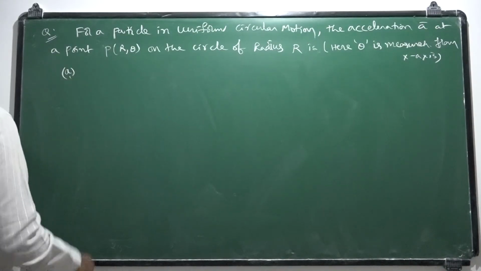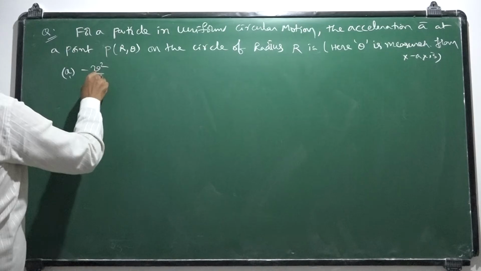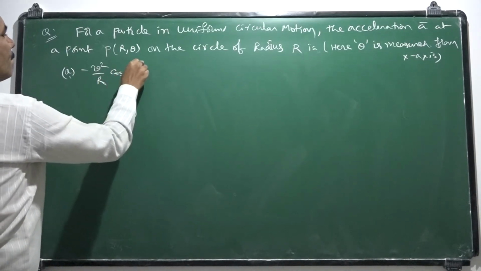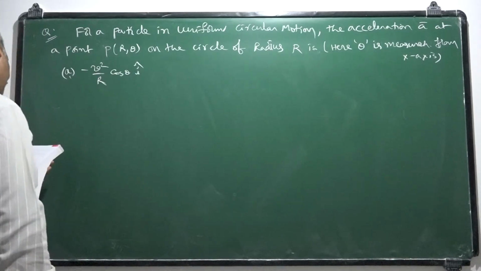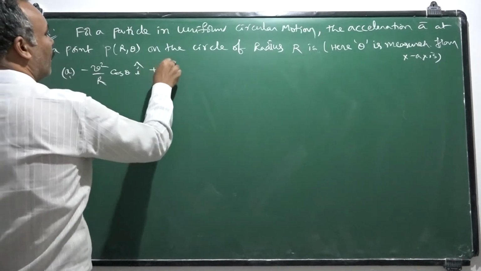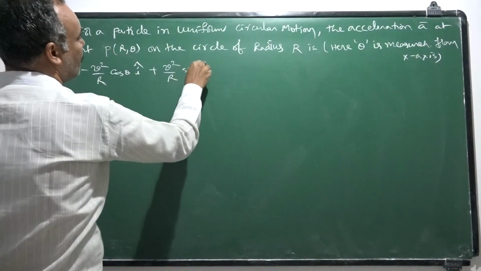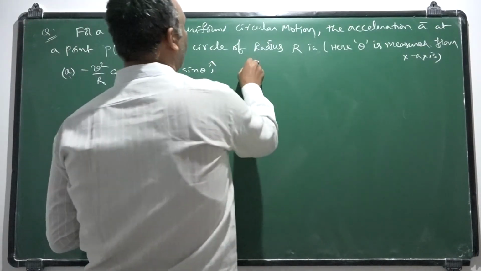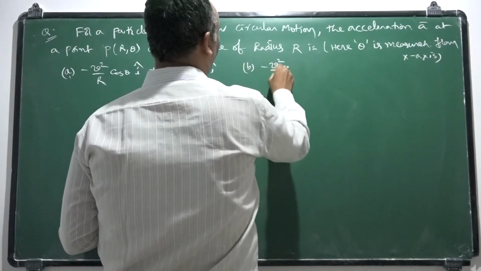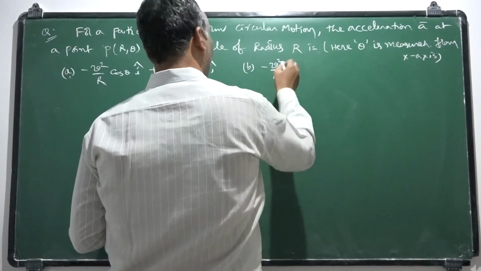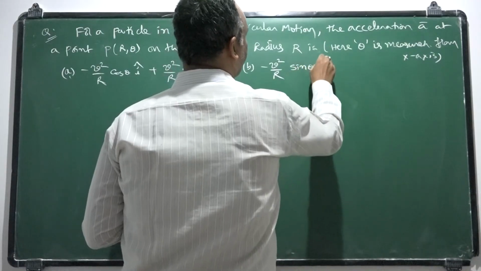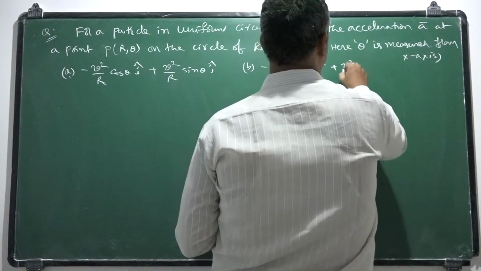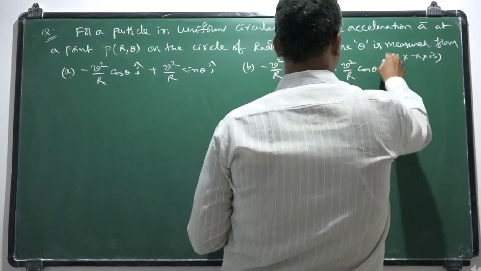A: a is equal to minus v square by r cos theta i cap plus v square by r sin theta j cap. Option B: minus v square by r sin theta i cap plus v square by r cos theta j cap.